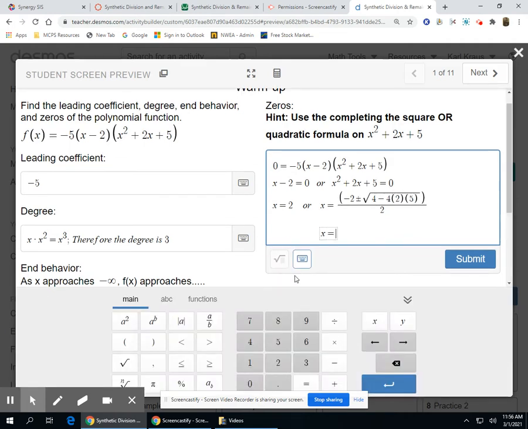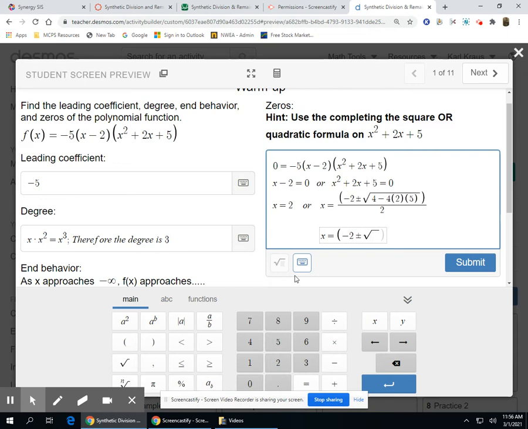x equals -2 plus or minus the square root of 4 minus 40, which is -36.